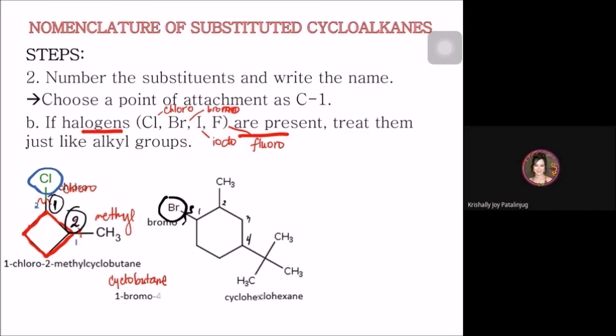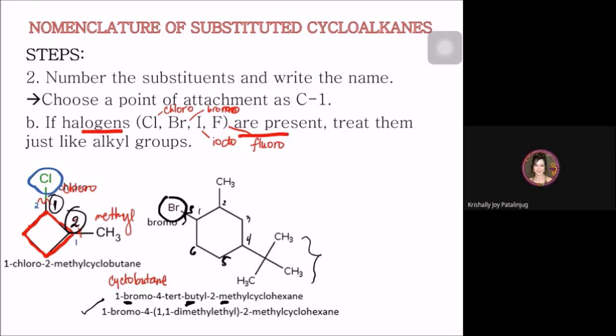The name here is 1-bromo-tert-butyl. Br comes before Bu alphabetically. Or, if you use the systematic name for this complex substituent, then you can have that name. Either is fine, as long as you follow the technicalities in naming.